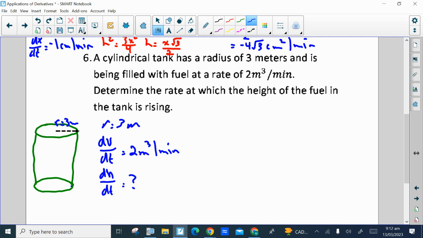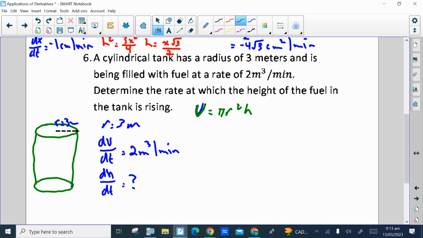So we need an equation that involves the volume of a cylinder that relates it to the height of the cylinder. And that formula is volume equals pi r squared h. It's the area of the base, which is a circle, times the height. So we're given dV by dt, so we need to keep volume in there.